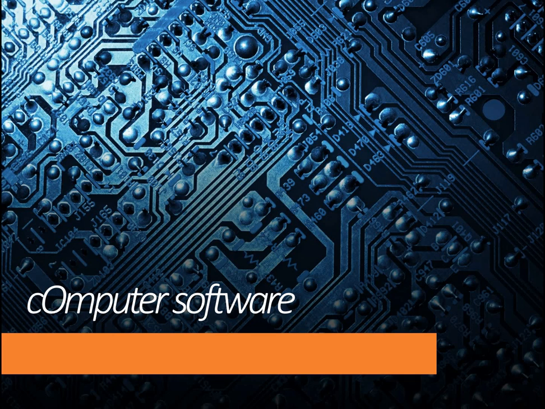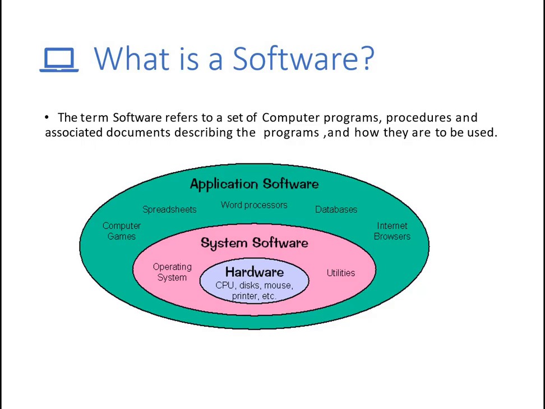So, before going deep into the topic, you should know what simply a software means. Software is a set of computer programs. It is a written set of computer programs or procedures or any documents that describes the functioning of the programs and how they are to be used.